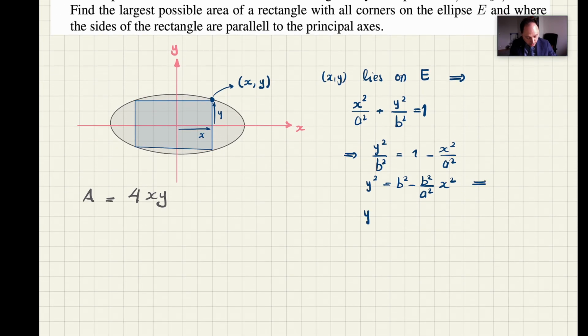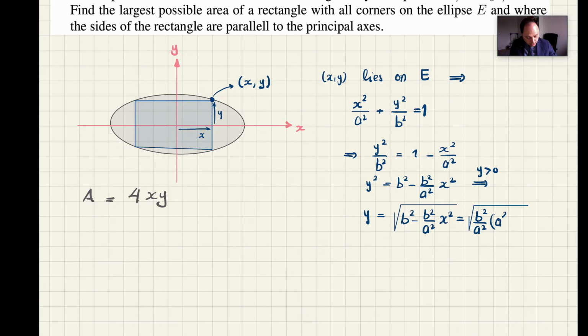Because y is positive, you see I am considering this to be y, so it is in the first quadrant, so y is positive in my setup. So it means that it becomes only the positive square root of b squared minus b squared over a squared x squared. But I can simplify this a little bit. For example, under the square root sign, I can factor b squared a squared out.